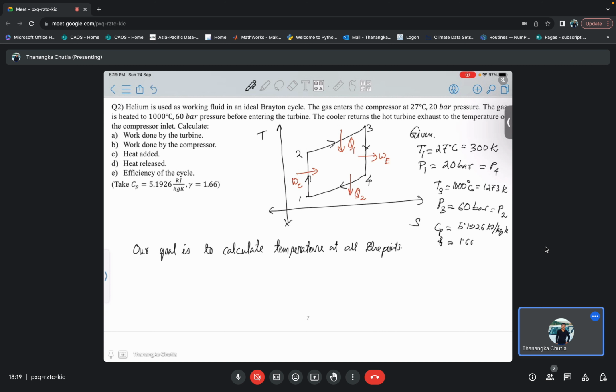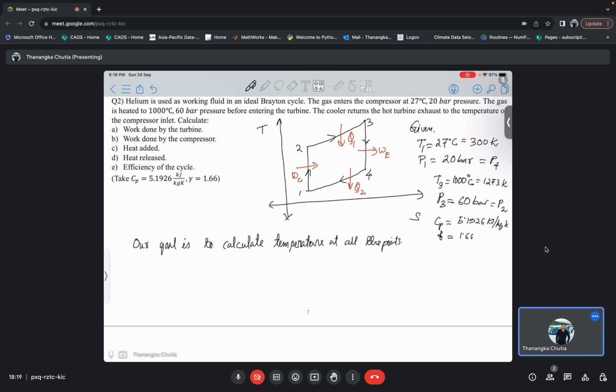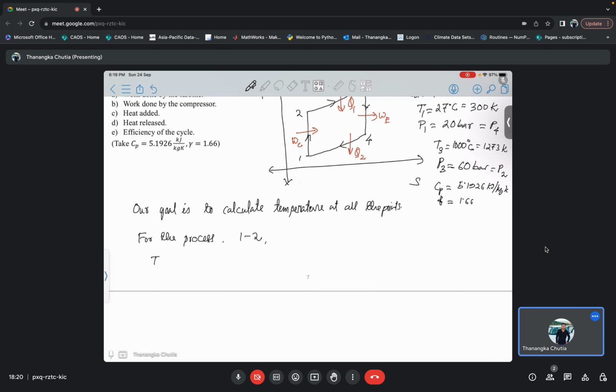Okay, clear? Okay, so now let us calculate the temperature at the point 2. For the process 1 to 2, T2 divided by T1 is equal to P2 divided by P1 to the power gamma minus 1 divided by gamma, and from here T2 is equal to T1 into P2 by P1 to the power gamma minus 1 divided by gamma. So T2 will be equal to, T1 is what? 300.